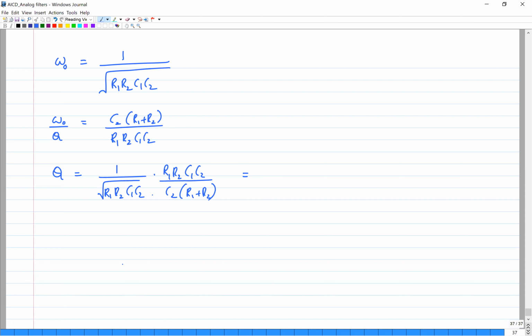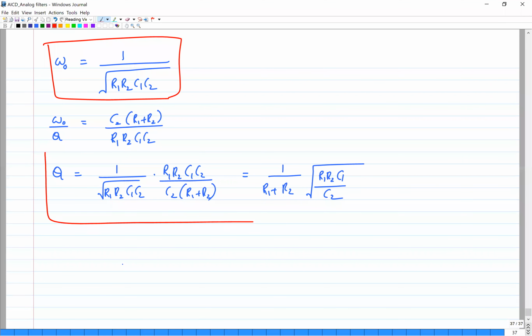If I work on this, if I cancel the things, I'll get this as 1 by R1 plus R2 into root of R2 C1 C2. So this is the Q factor and omega naught of the filter. So these two are also important. So this is omega naught and this is actually the Q of the filter.